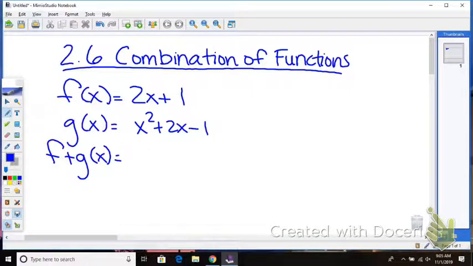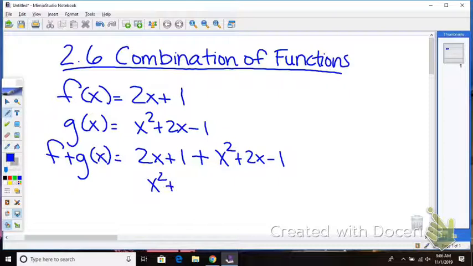What does that mean? Add the two things together, which is basically just combining like terms. We don't do anything fancy except combine like terms. So if I have f of x plus g of x, then I have x squared plus 4x, and that's it, right? Because the ones simplify out.